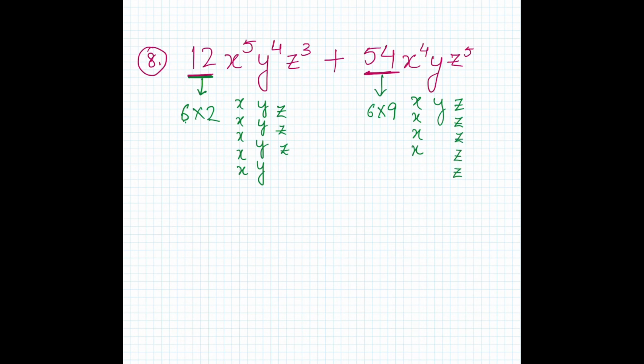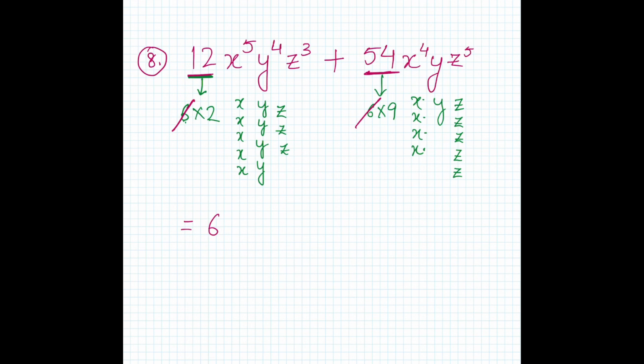All right, so now I've expanded. We have 5 x's, y 4 times, z cube, 3 z's, and then similarly x to the power of 4 means 4 x's, y and z's. All right, now let's see what we have common. So we have 6 common, so we will put 6 outside. Then numbers we don't have common.